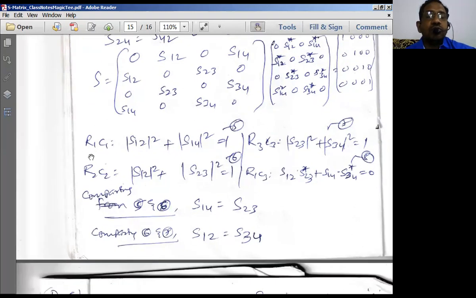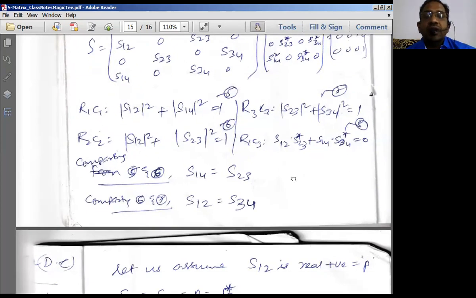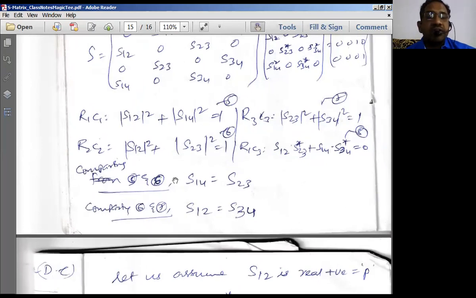So I go with row 1, column 1, row 2, column 2, row 3, column 3, and I'll have all these various parameters. And row 1, column 3, I just calculate to produce all this. Now I'll be getting equations 5 and 6 here, 6 and 7 here. Okay, so now comparing equations 5 and 6, what can I really write here.